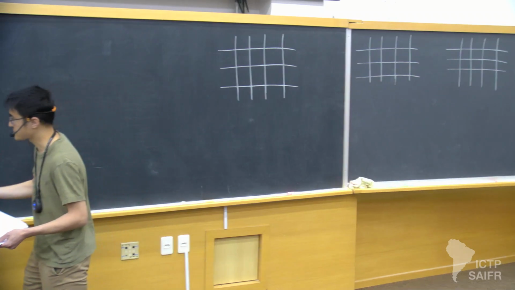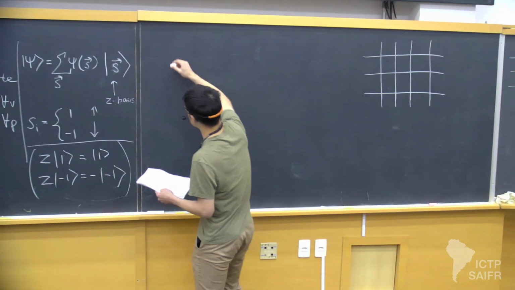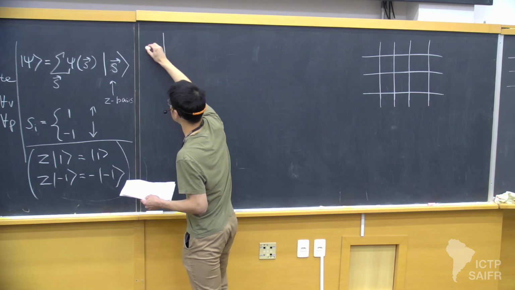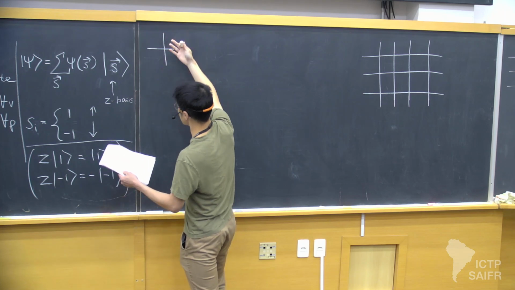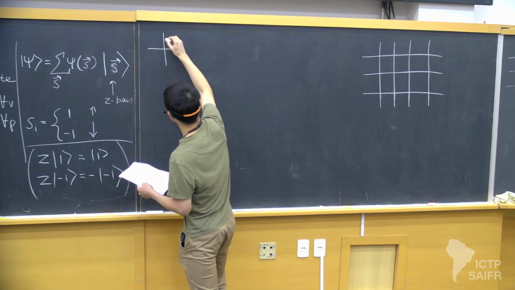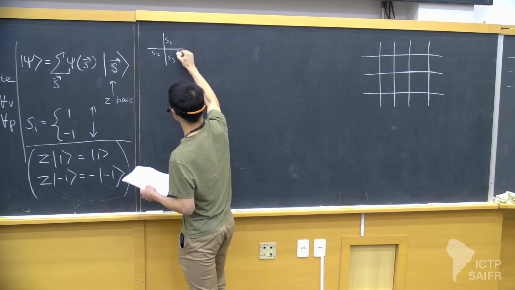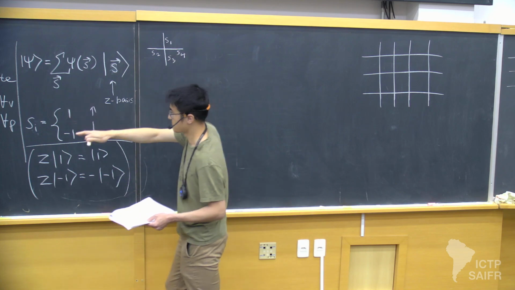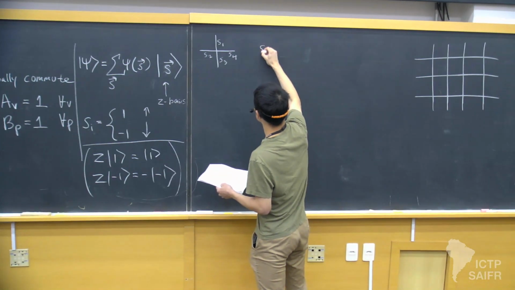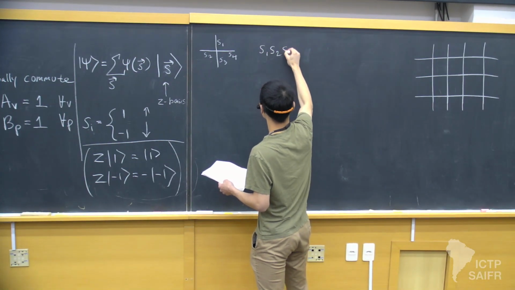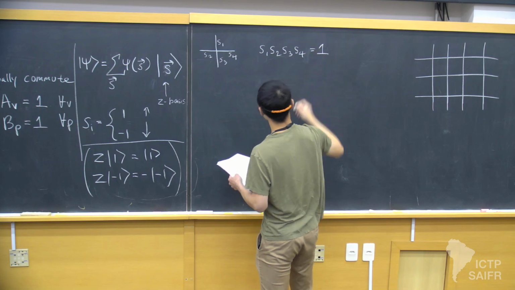So let's first check this A_V equals 1 for every V. That means that at every vertex, I have some spin configuration, 1s and -1s. So I have S1, S2, S3, S4. And so what the product of Z being 1 means is that the product of all these numbers, which are plus or minus 1, should be 1.